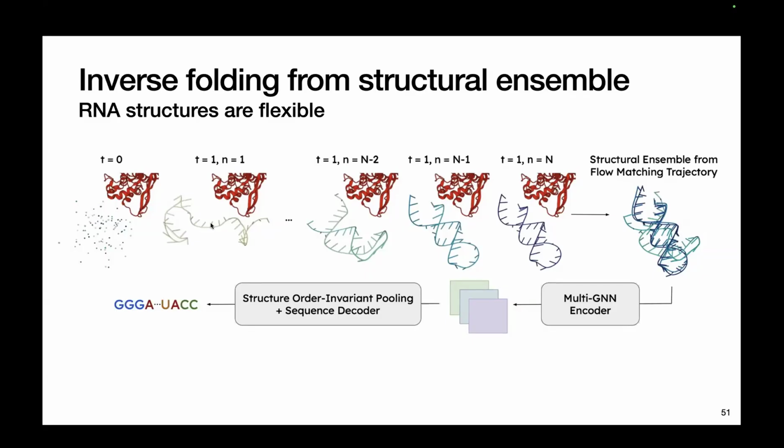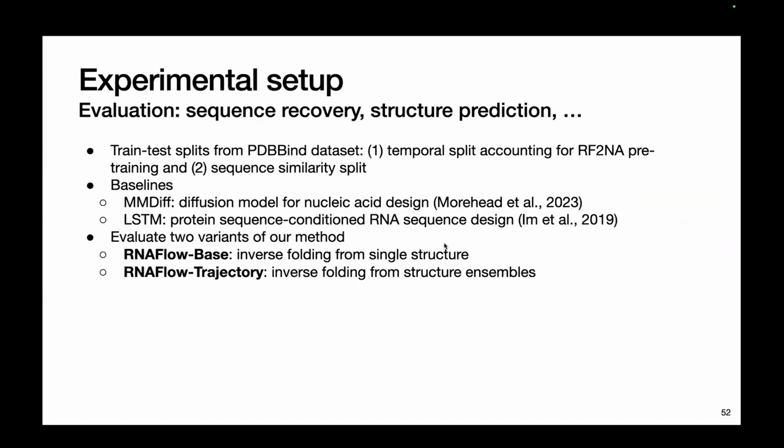So you can feed that into a multi-GNN encoder and decode the sequence on top of the structure ensembles. So this is following the multi-state RNA inverse folding methods developed recently, but we apply that to RNA design. So that's the high-level idea of the method.